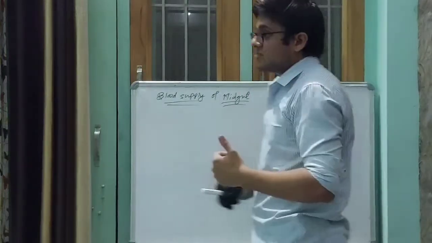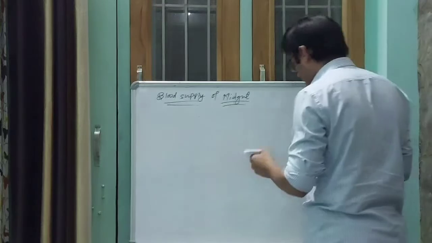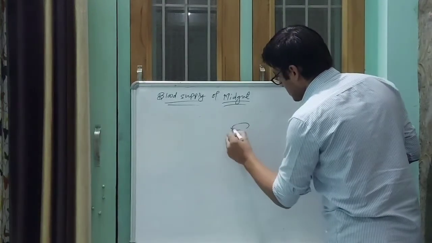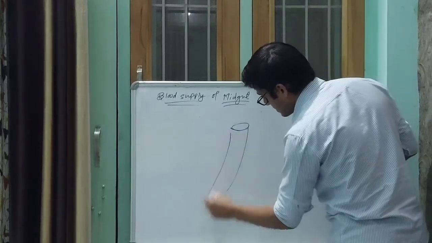So in that lecture I have mentioned that these are the branches of superior mesenteric artery. Now let us see how. It is not vein.